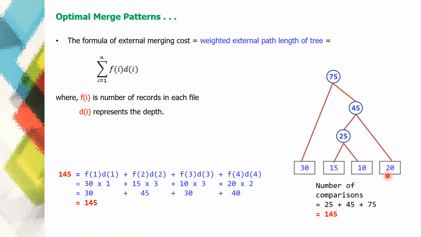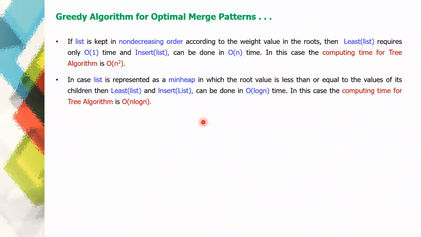If I maintain the lists in non-decreasing order, that means 10, 15, 20, and 30, then the time complexity of this greedy algorithm is big O of n square. If the lists are represented as a min heap, then the time complexity of this greedy algorithm will be n log n.